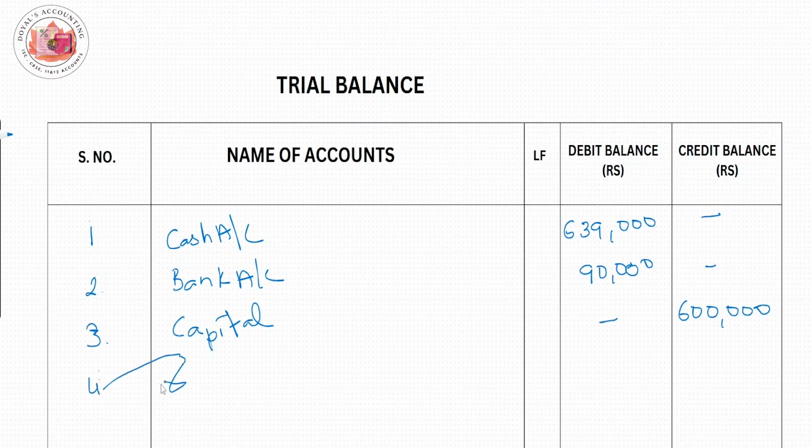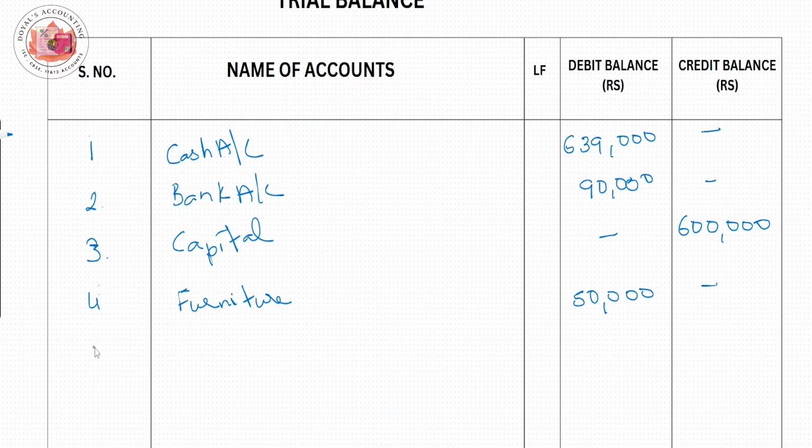Number 4, furniture, 50,000. It has a debit balance. Assets have debit balance, remember. Modern furniture is our creditor. Creditors are liabilities and they have credit balances.